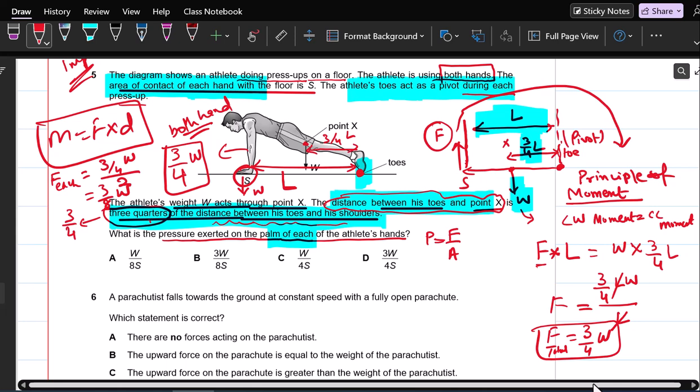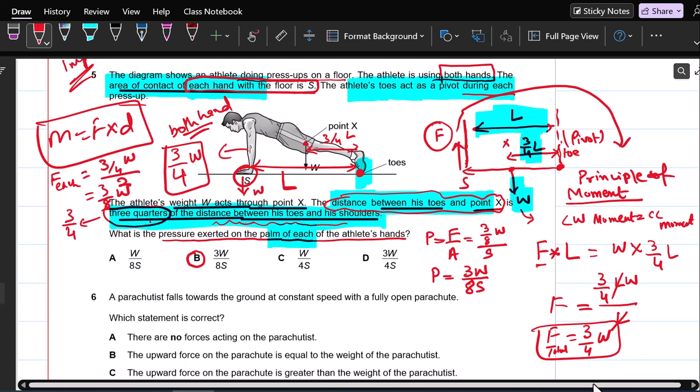So here we are going to substitute this equation: 3 by 8 W divided by area of each hand, which is given, that is S. So this pressure will be equal to 3 times weight, or you can say W, divided by 8S. So this is going to be B, the right option. This is a very good question.